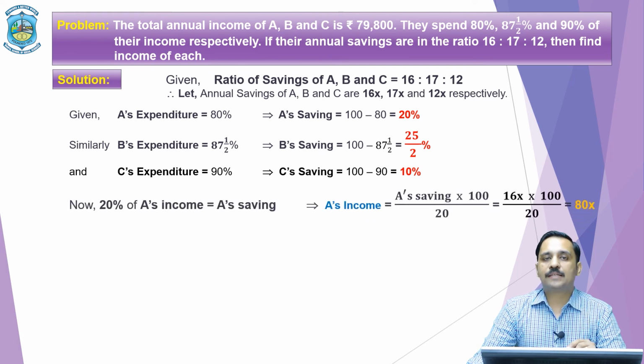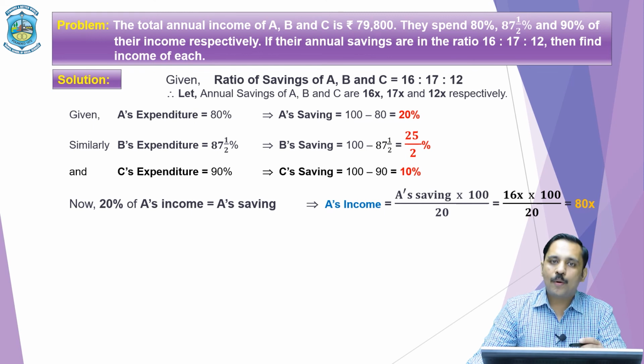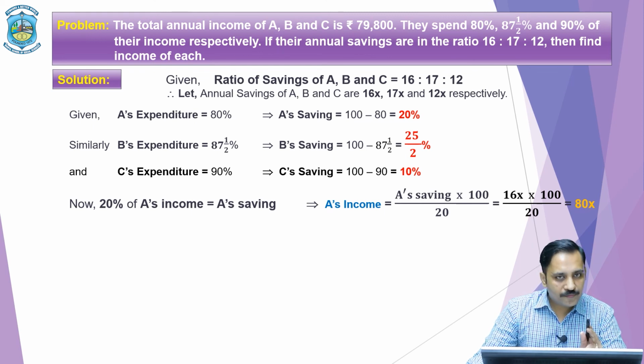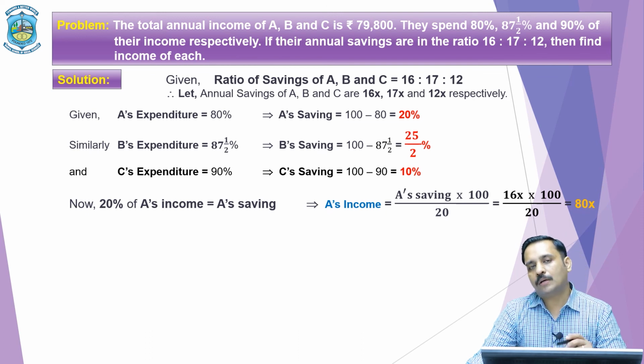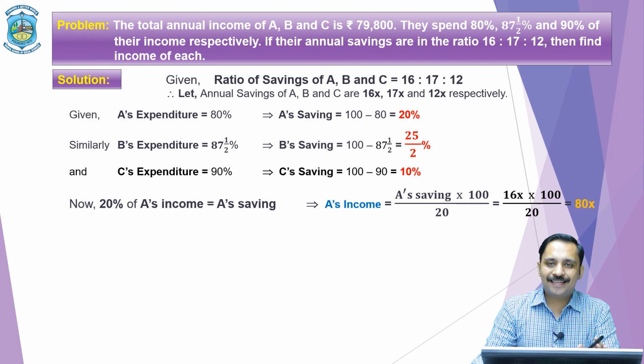Now, it is given that 20% of A's income is equal to A's saving. So, we can say that A's income is equal to A's saving multiplied by 100 divided by 20. We have just moved this 20% to the other side. So, putting the values, we have 16x into 100 by 20, the answer is 80x.